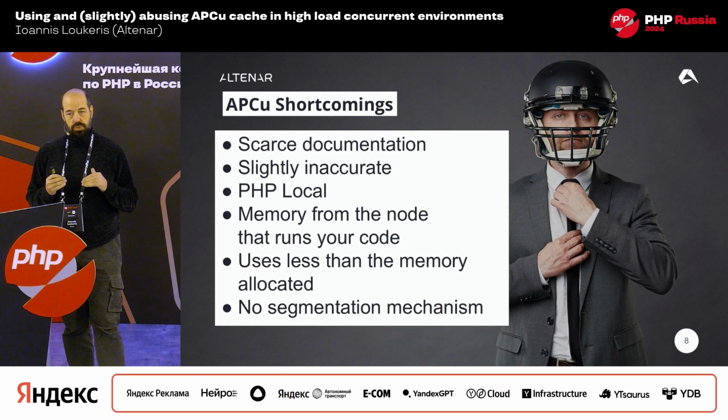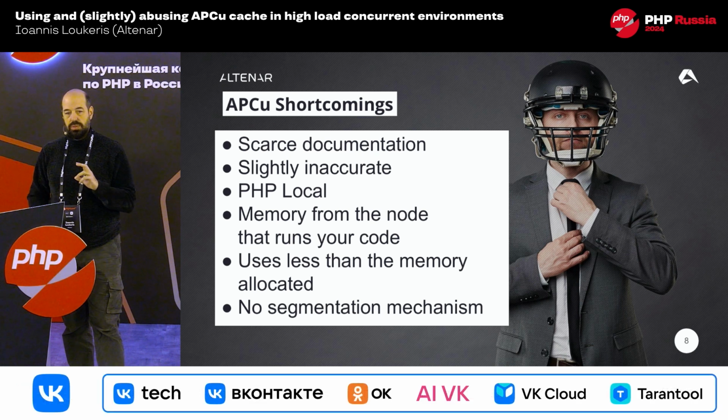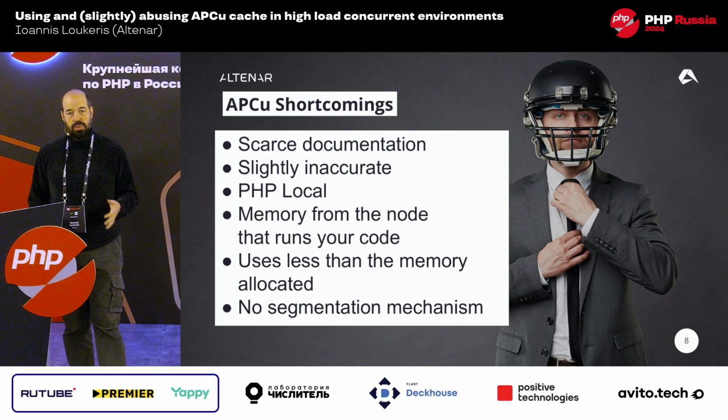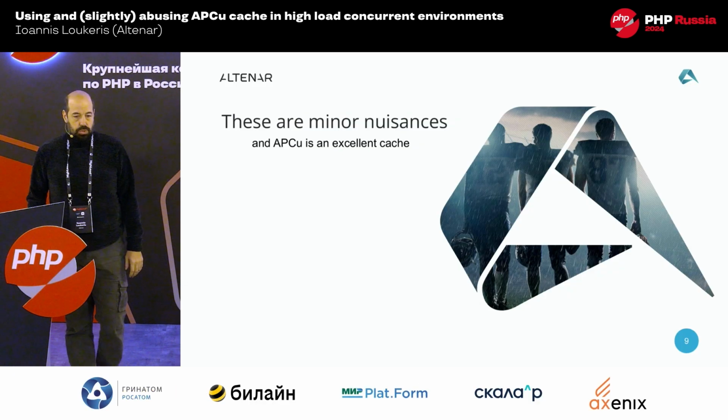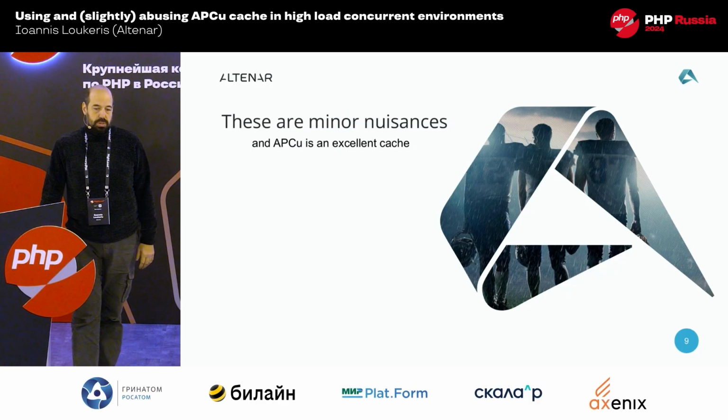So you cannot treat it as different caches, different databases for different parts of your system. All the keys are in the same space. If you call flush, for example, everything is gone. So these are minor nuisances.